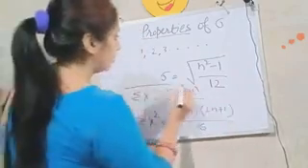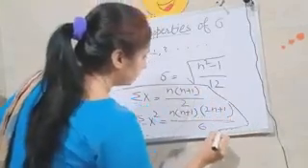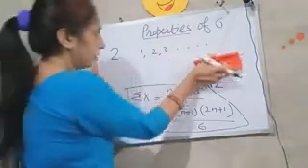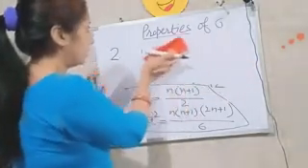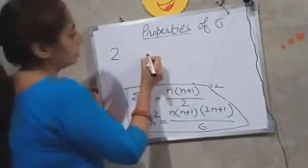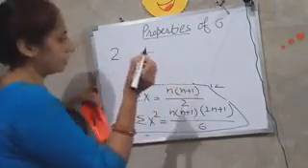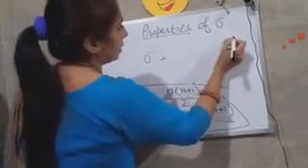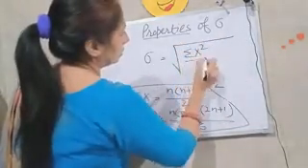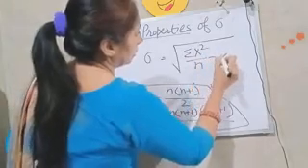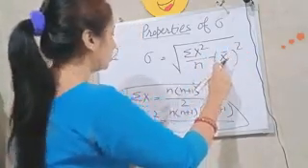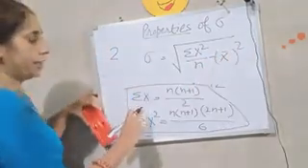These are the mathematical constants being given. Suppose I need to calculate the standard deviation of first n natural numbers, then what will I do? Then I will say that sigma is, by using the direct method, square root of summation x square divided by n minus x bar square. So x bar is nothing but sigma x by n.